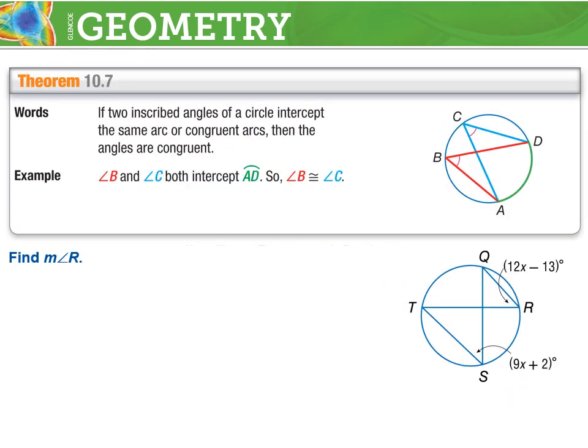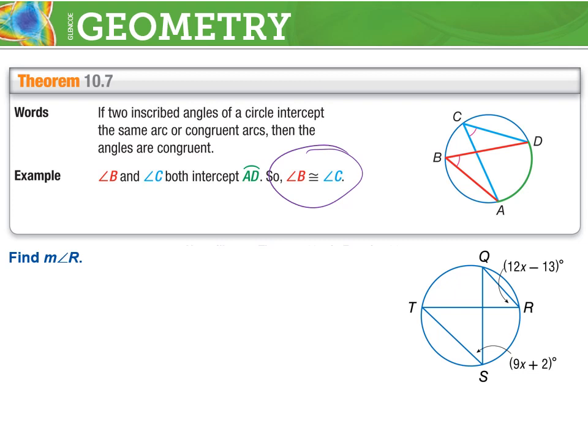The next theorem has to do with two inscribed angles on one intercepted arc. Since both of those inscribed angles intercept arc AD, each of those angles is half of the measure of AD, so both of them are congruent to each other. We can try this on the next example.